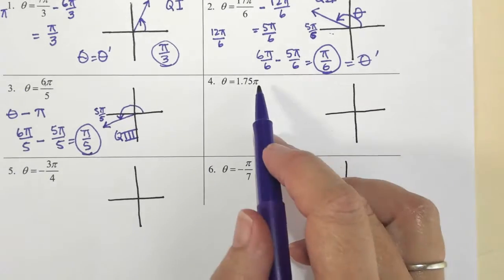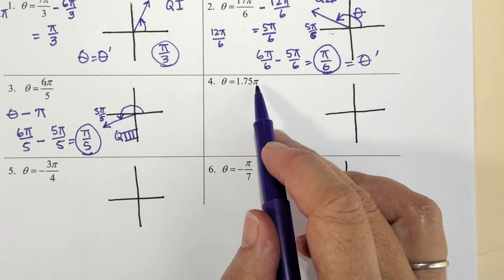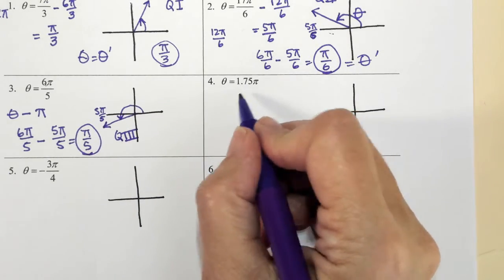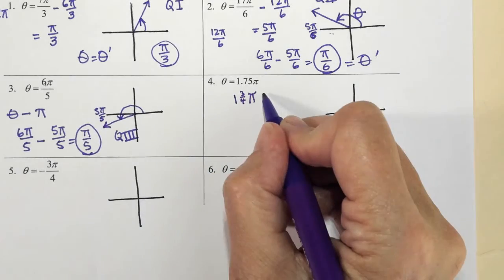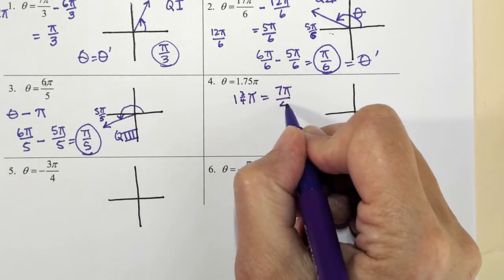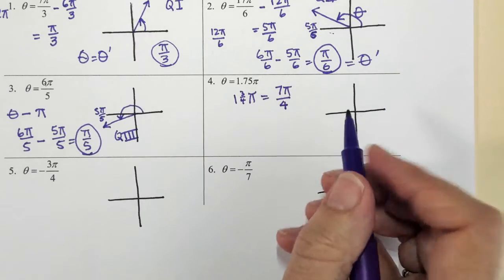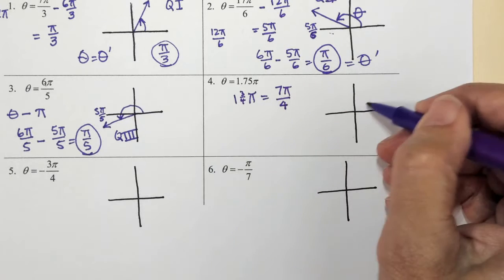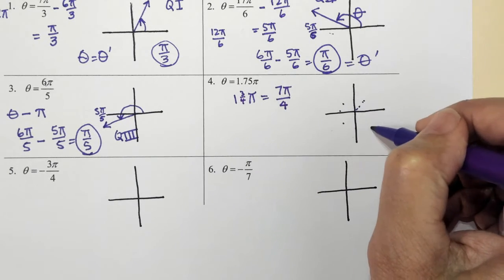Okay, so number 4 looks a little different because we have the decimal with the pi. And so just think about that as this is 1 3/4, which looks kind of strange like that. So let's write it in a more familiar way of 7 pi over 4. And I got that just by doing the mixed number conversion. So in this case, 7 pi over 4 is 1, 2, 3, 4, 5, 6, 7.